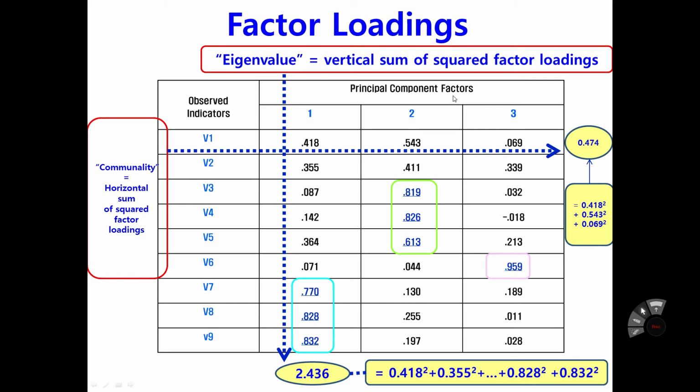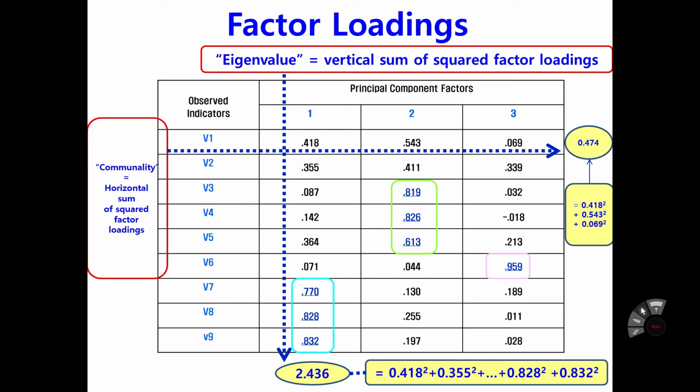As we have already understood on the previous page, the factor loadings represent the statistical association among the observed variables starting from V1 to V9 and unobserved extracted factors starting from 1 to 3. So in total, 27 factor loadings have been estimated and reported in this table.